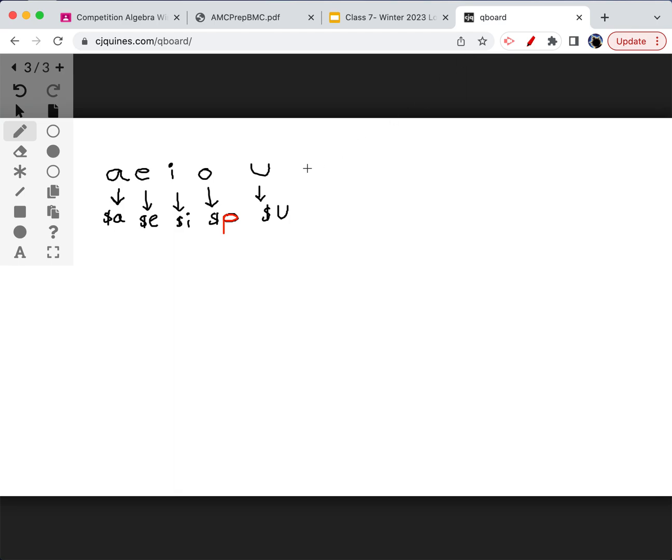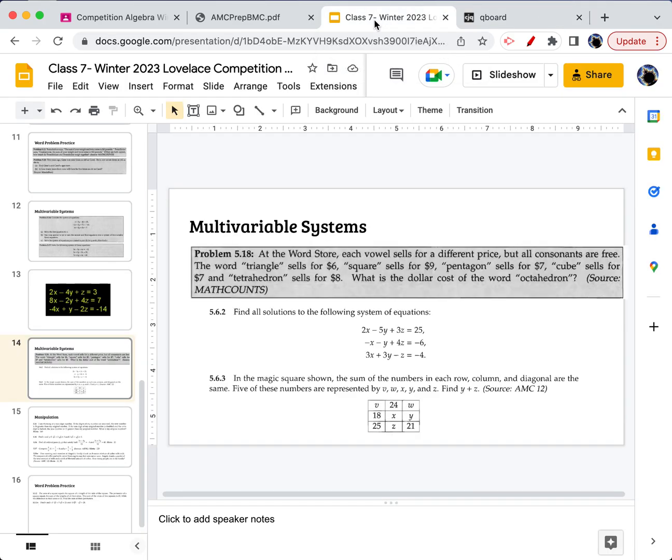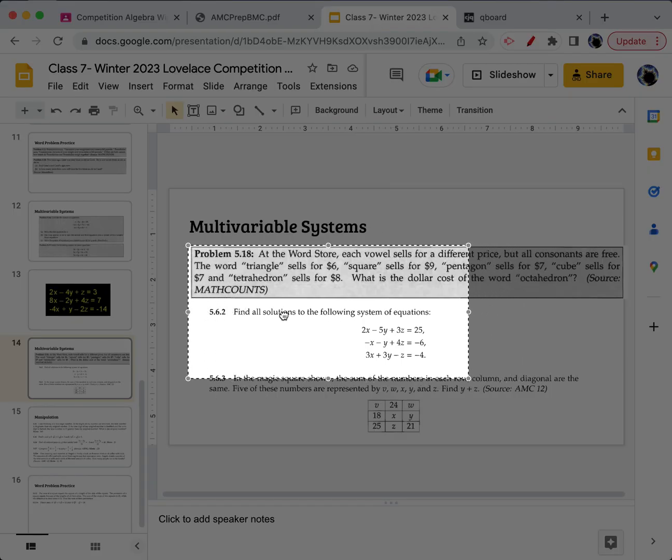So we also know that all consonants are free. Now what we'll do is we use the information that was provided to us and we try to make systems of equations.